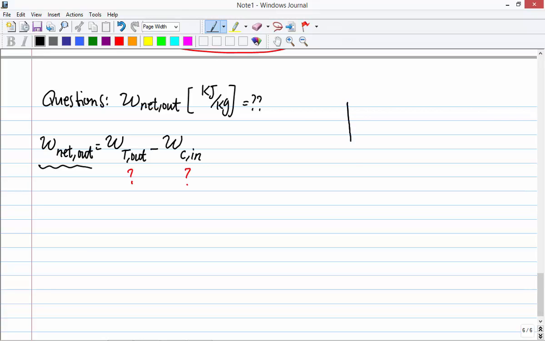And before this, just to make it more clear for ourselves, let's draw the diagram. Process 1 to 2 is inside the compressor, and it's not isentropic because the efficiency is not 1, it's not 100%. For the compressor it's 80%. So that would look like this, and the isentropic path is that.